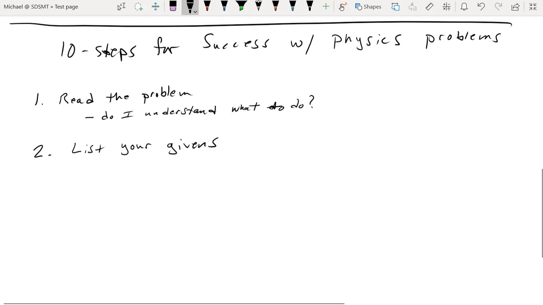Step 3 can also be done along with step 1 and step 2. Draw something. A lot of these physics problems are going to involve objects that are moving around in different directions, positive, negative.